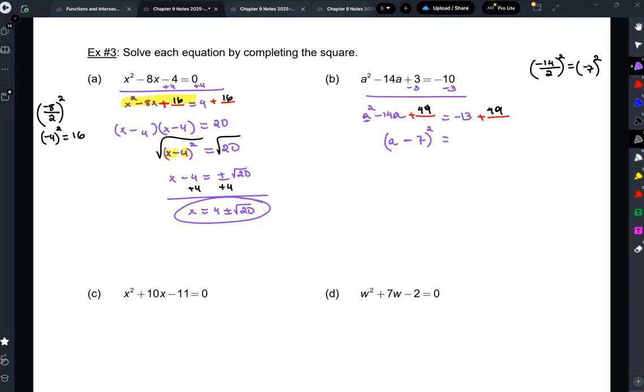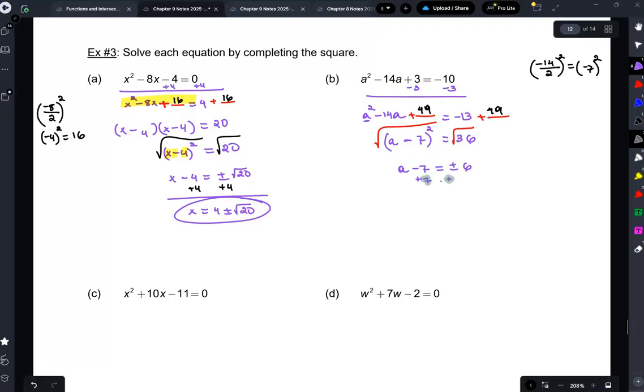So here, 49 minus 13 is 36. Take a square root. A minus 7 equals what? Plus or minus 6.